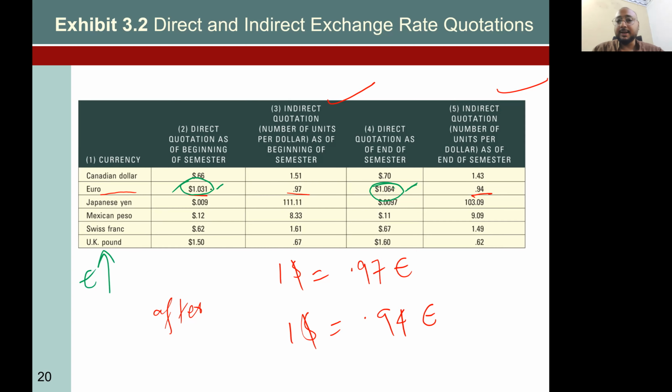But if you see the indirect quotation, the dollar is depreciating. So if you have the quote between euro and dollar, when one currency increases, the other must decrease. So the dollar is decreasing. Remember this one. That doesn't mean that the indirect and direct quotation will tell you the same. No, they tell you the opposite.